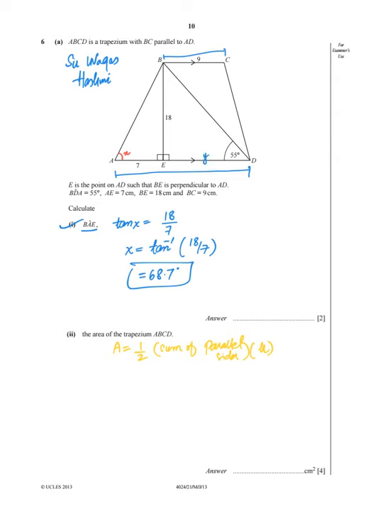So I can use trigonometry, and that will be tan 55 equals opposite 18 divided by adjacent y. So y equals 18 divided by tan 55, which equals 12.6. All right, so you have the value of y as 12.6. If you add 12.6 and 17, you will get 19.6. That is the length of AD.